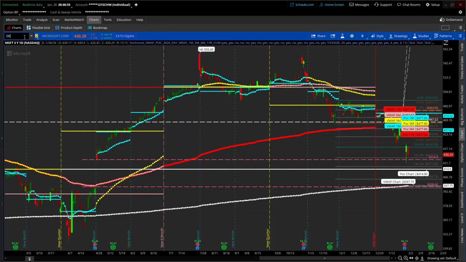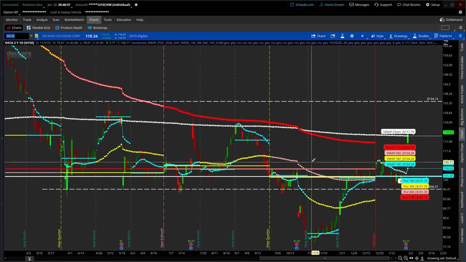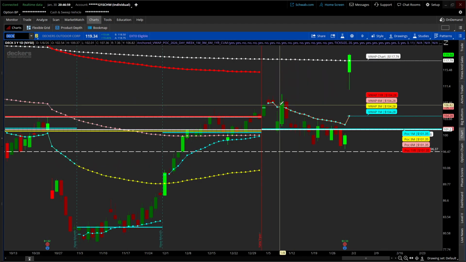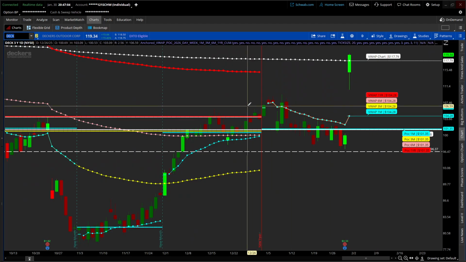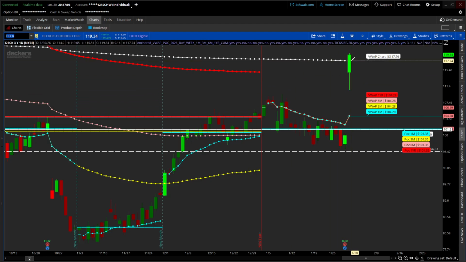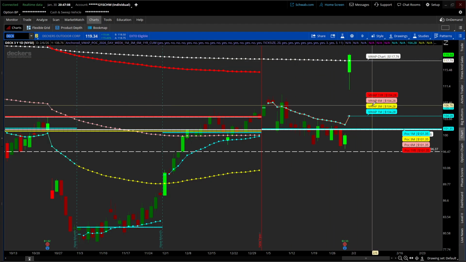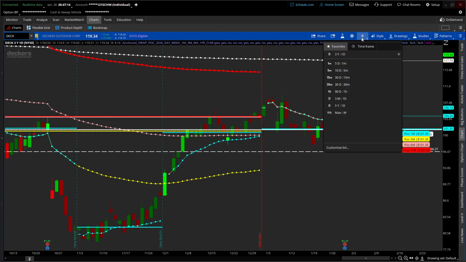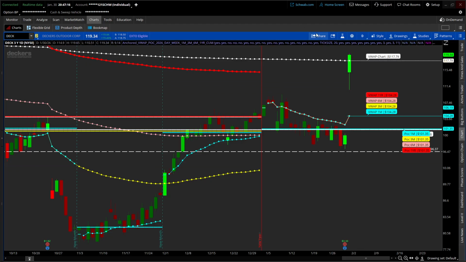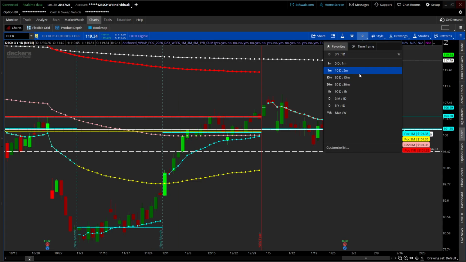So DECK is one of those, and you can see where it's above our VWAPs right here, and the yellow one will be our monthly VWAP, but everything's reset. So here is DECK, and it's above our monthly VWAP, but it's running into our cumulative 3-year VWAP, which is why I have my chart set to 3 years. We can drill down to a 30-day, 15-minute.